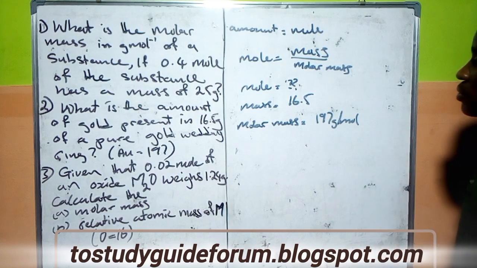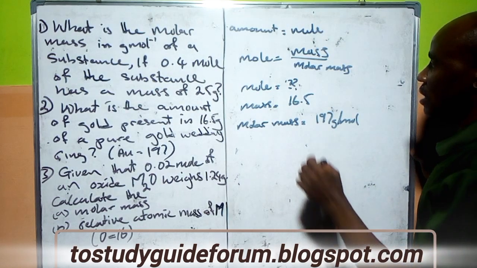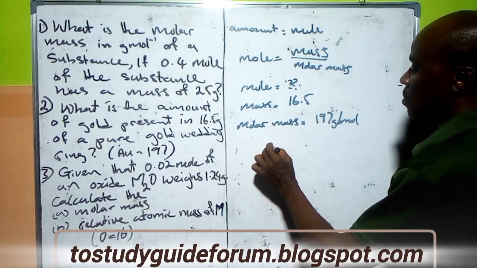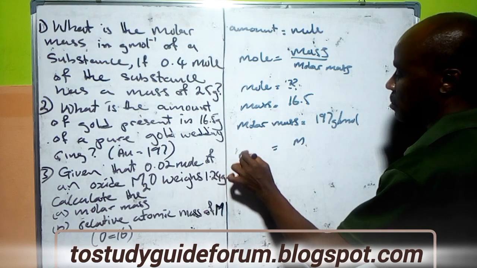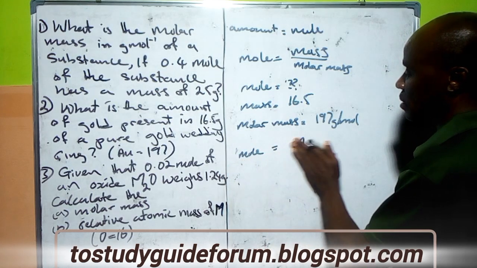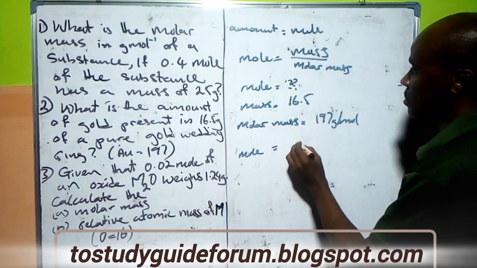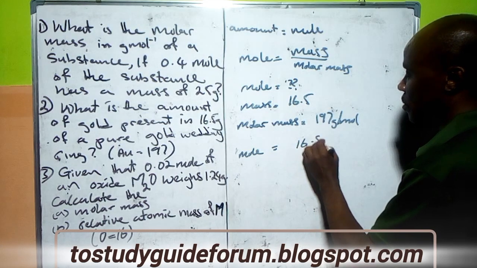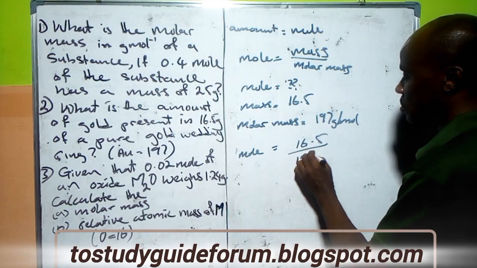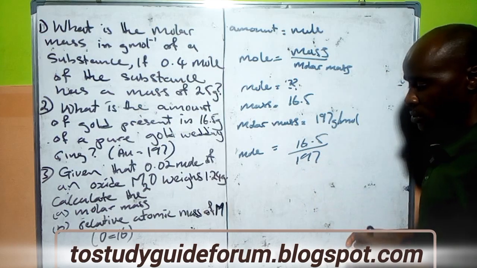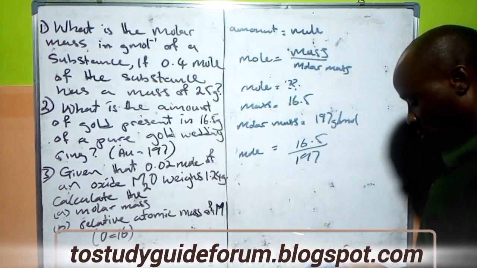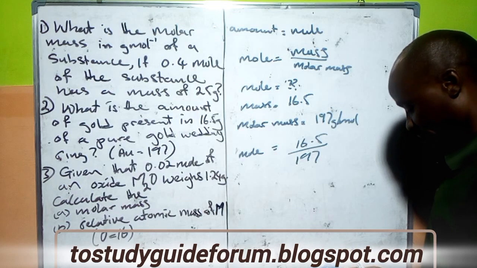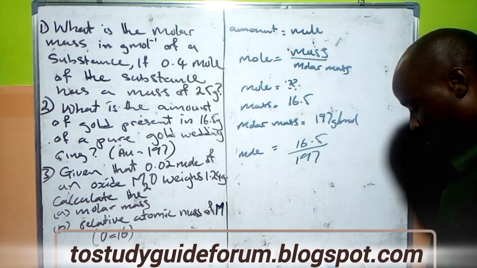So by substituting that, what we have will be equal to mass over molar mass. The mass is 16.5 all over what? So what we'll get here will be 16.5 divided by 1.